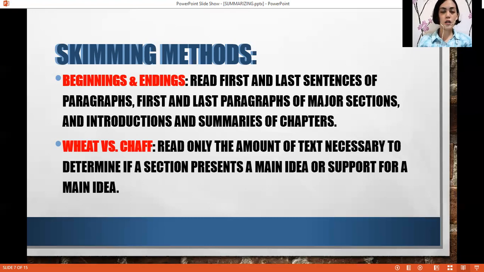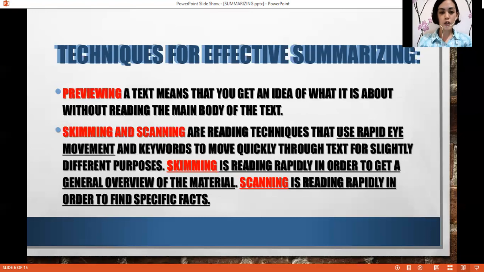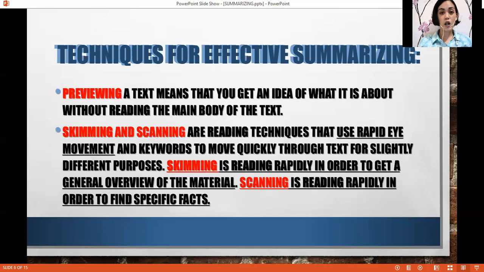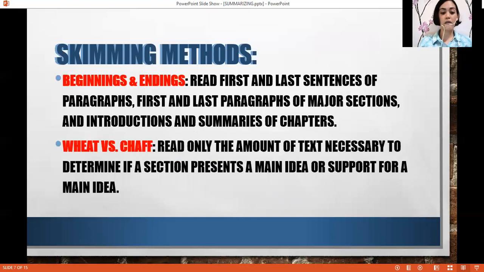Okay, so going back to the first thing that we have read about summarizing, we are going to discern important ideas and ignore irrelevant information. That is the meaning of wheat and chaff, or lugas and tahop. Of course, we do not eat the tahop, only the lugas or yung bigas.